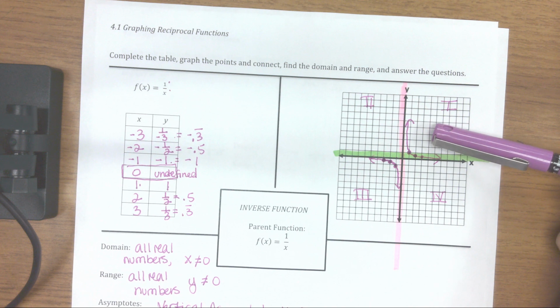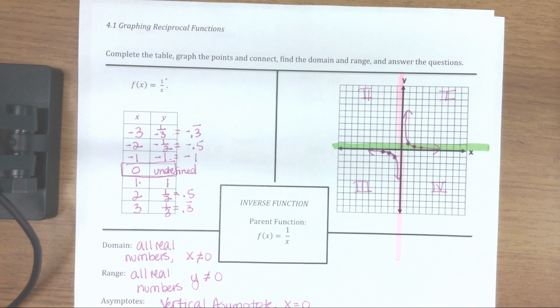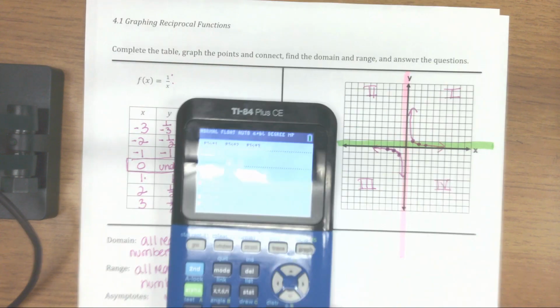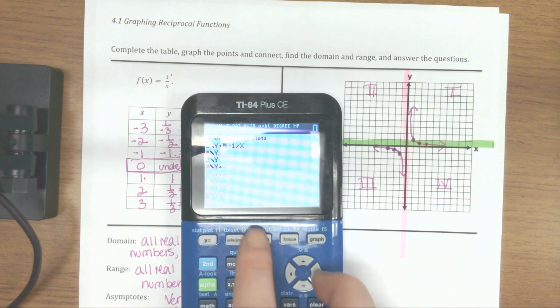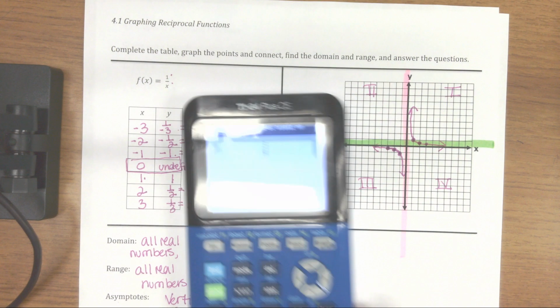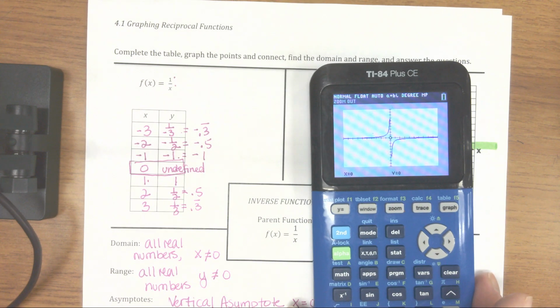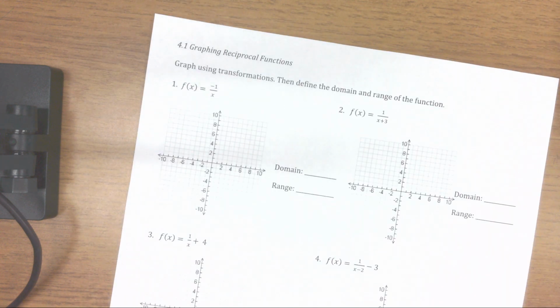So I'm going to put it on my graphing calculator. That way we can see it under the screen and everything. What you're going to see is the graph is now going to flip over, and this part is going to go down here, and this part's going to go up here. So I do that. All right, are you seeing that? So let's sketch a picture of our graph.